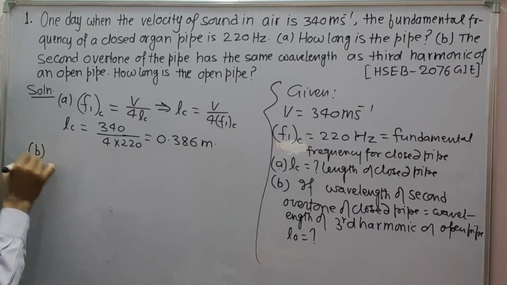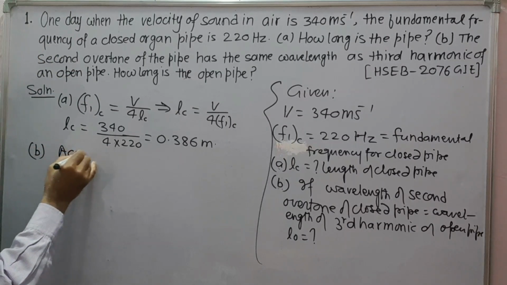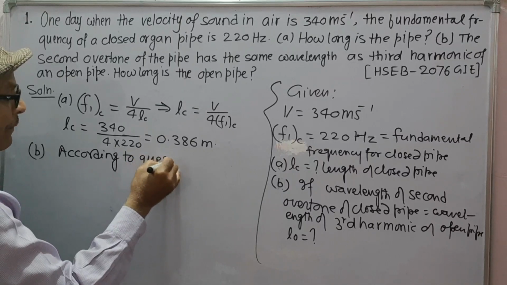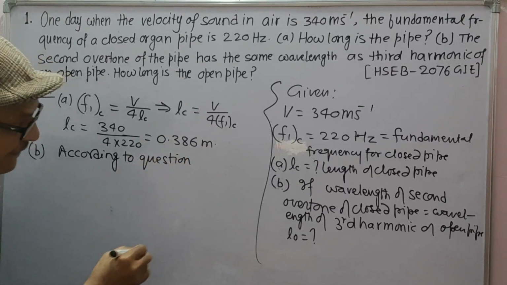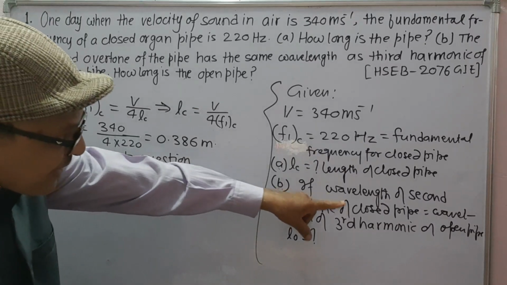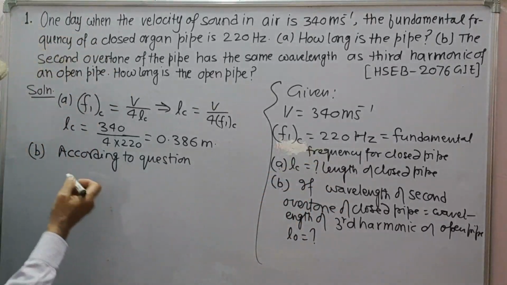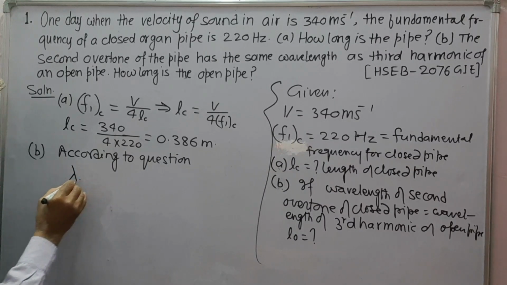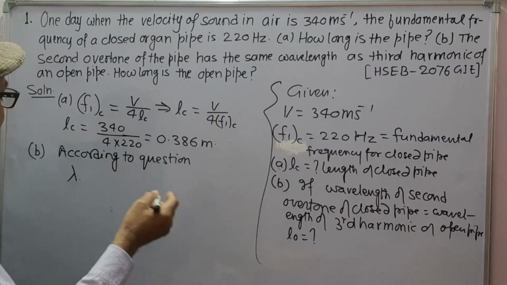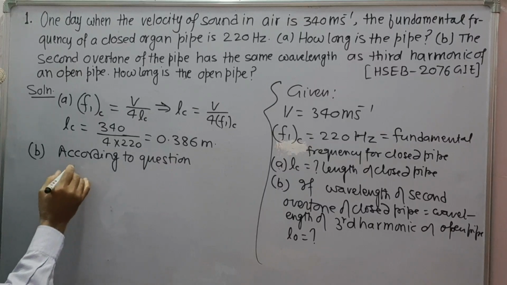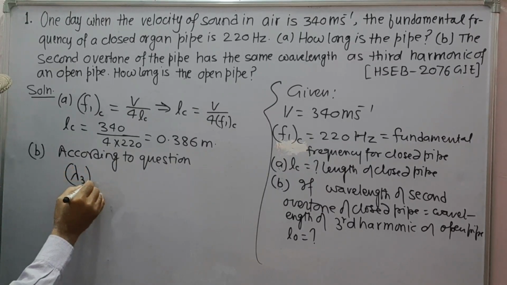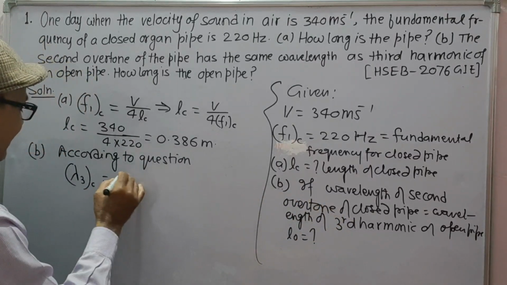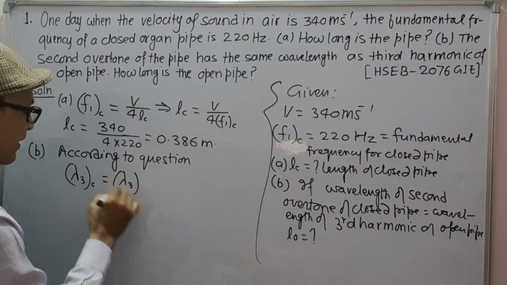In part B, according to question, wavelength of second overtone of closed pipe means lambda. Second overtone means F3. So, lambda 3 of closed pipe is equal to third harmonic means lambda 3 of open pipe.